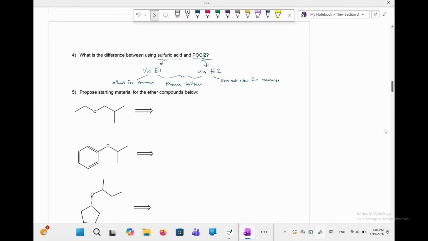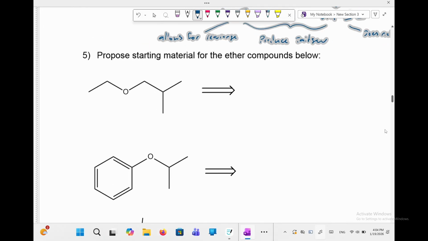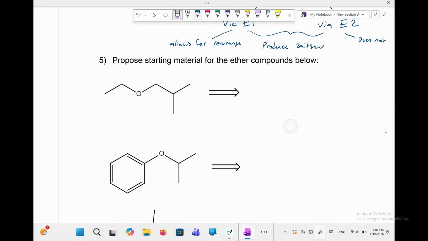We're going to talk about Williamson ether synthesis. And this is kind of the first instance where you'll encounter disconnections for retrosynthesis in your organic chemistry classes. It's very simple, really. For Williamson ether, I know that you're going to start off with an alcohol and an alkyl halide, right? So let's just keep that in mind.